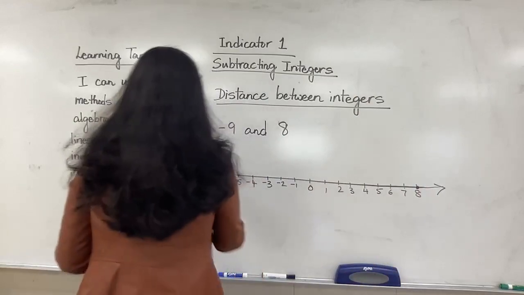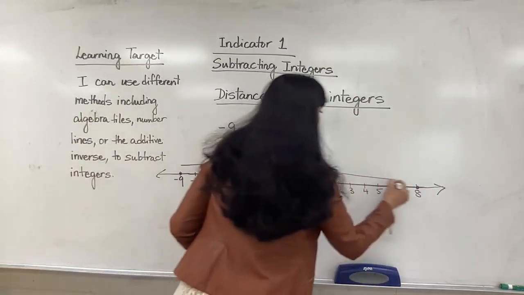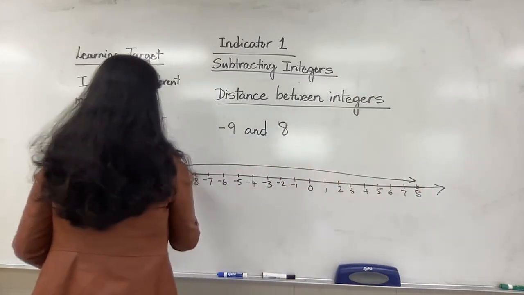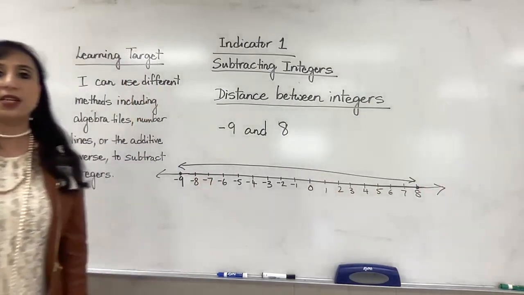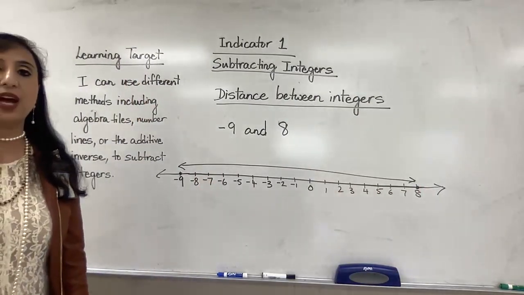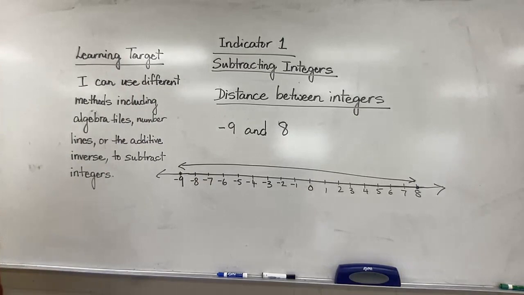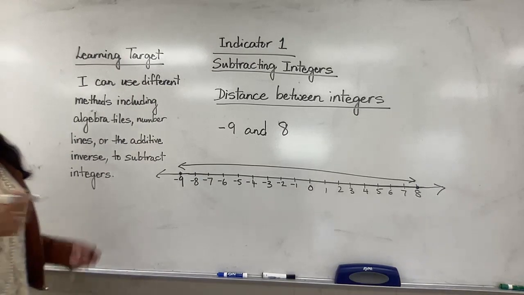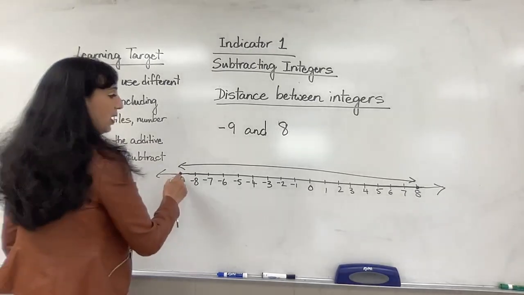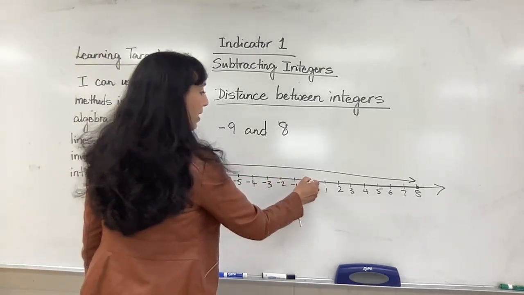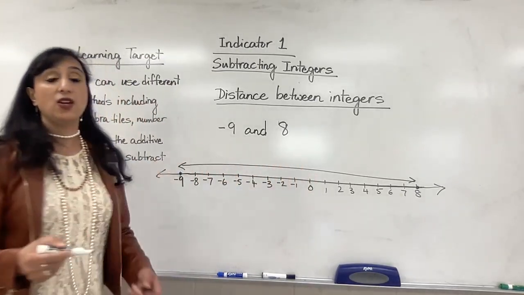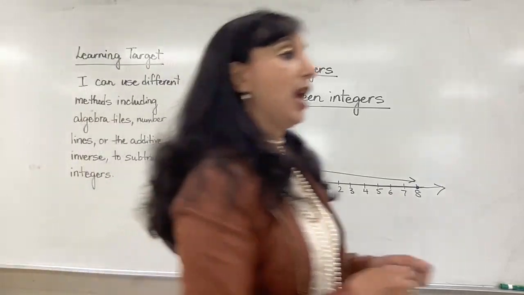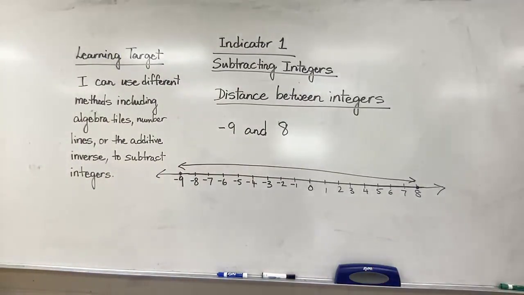I'm trying to see how much is the distance between the integers from -9 to 8. I can just look over here. We have 9 here. We can also say you're finding the difference in the absolute value of the integers.